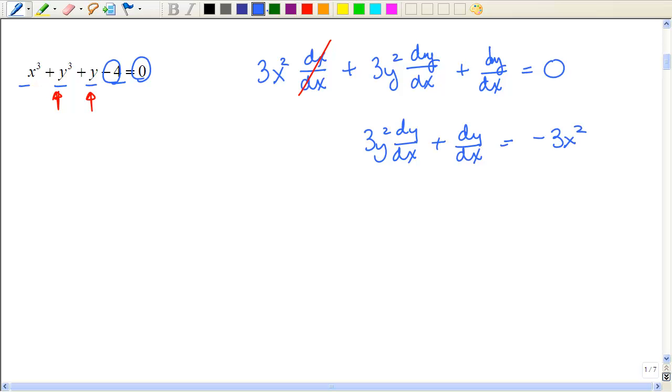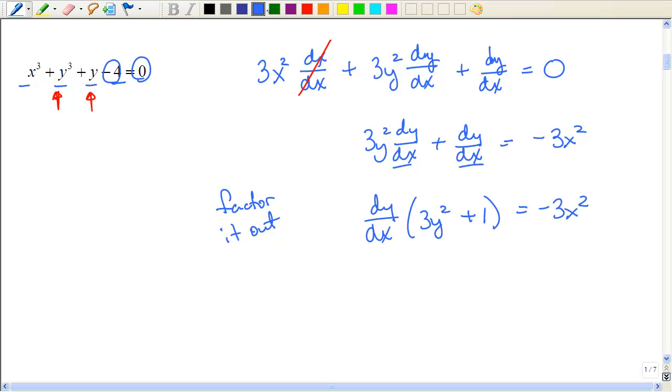Now I can't start dividing because I've got to isolate dy/dx. So I'm going to factor it out like a GCF. So that'll leave me 3y squared plus 1. Now I can divide both sides by 3y squared plus 1, and that will allow me to isolate dy/dx.